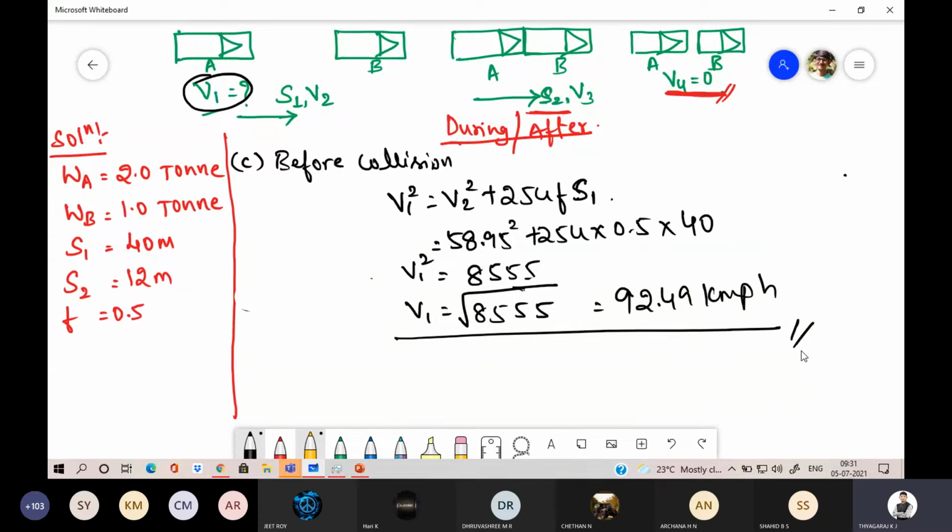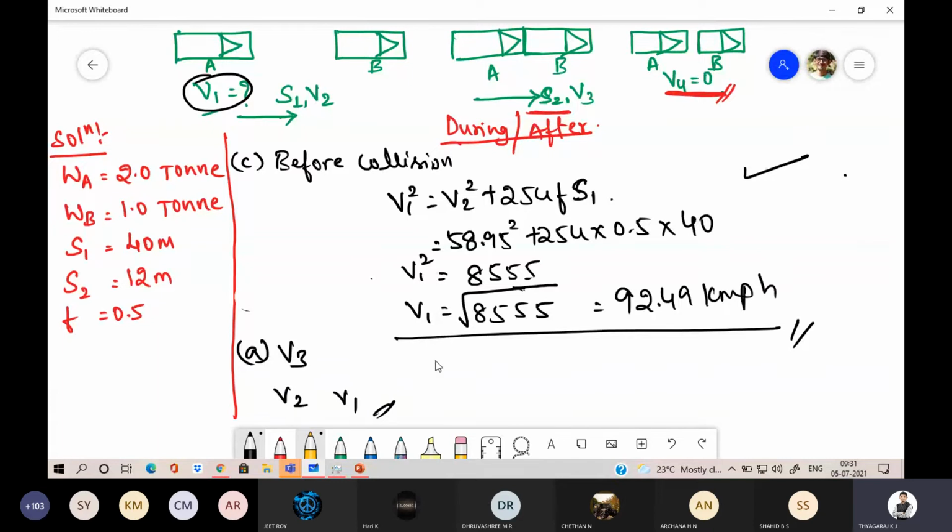Have you got this problem? Have you understood? Okay, so kindly note down. I will show how to calculate directly within one step, but in the exam you have to follow this one: first we have to calculate V3, then V2, then V1.